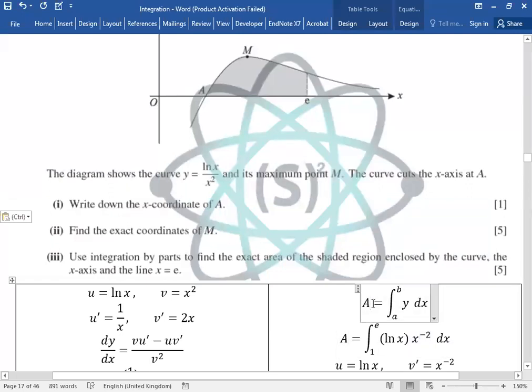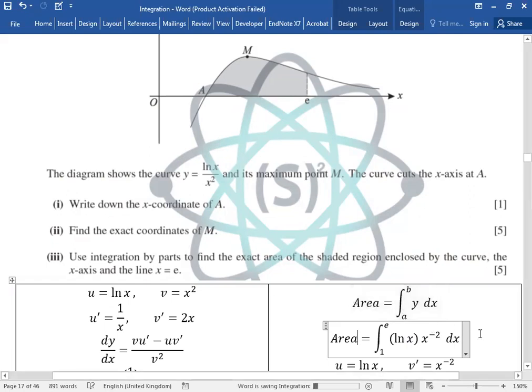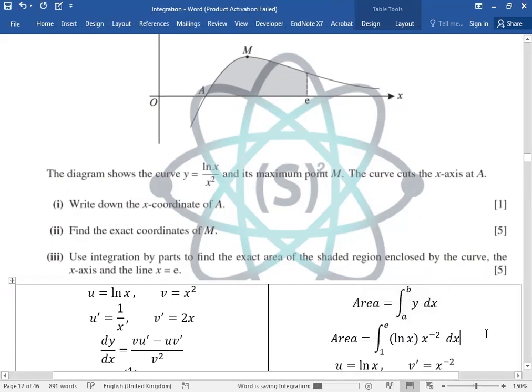Yes. Area लिख देता हूँ so that people don't get confused. Ln x is u and v dash will be x to the power minus 2.